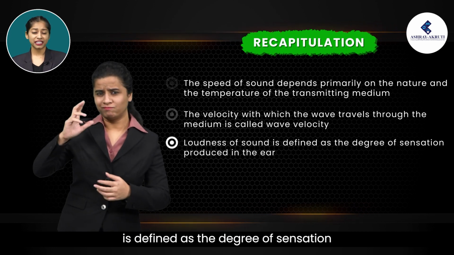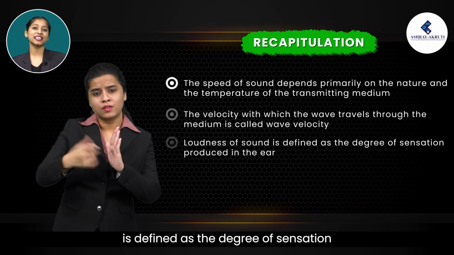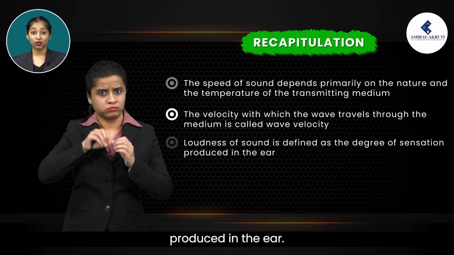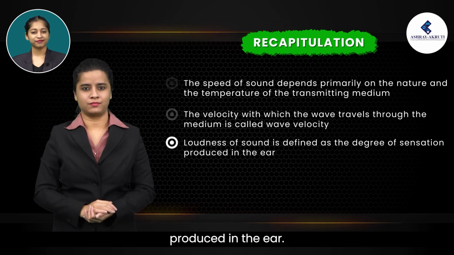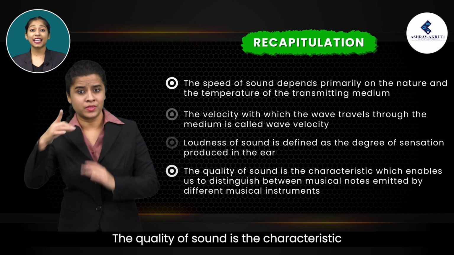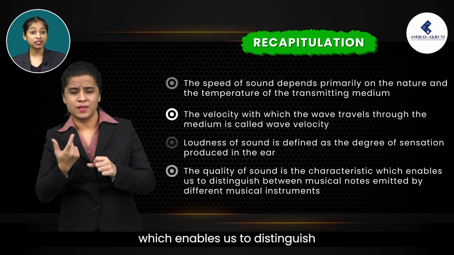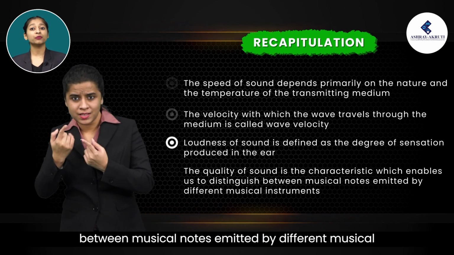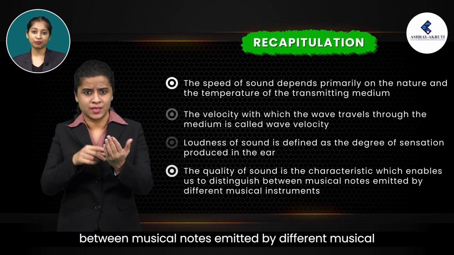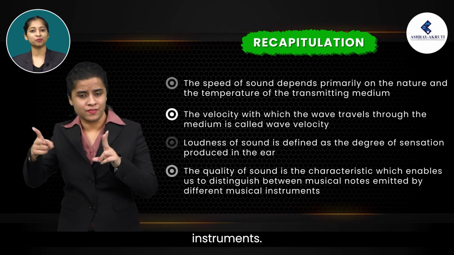Loudness of sound is defined as the degree of sensation produced in the ear. The quality of sound is the characteristic which enables us to distinguish between musical notes emitted by different musical instruments.